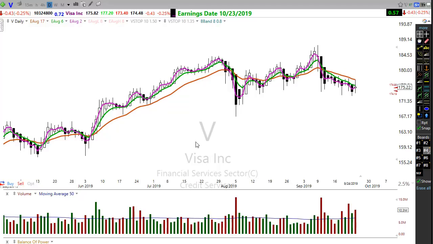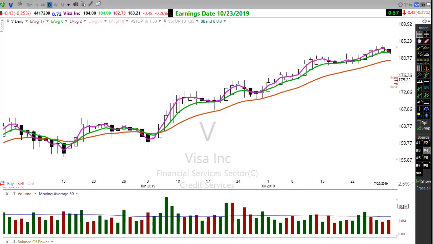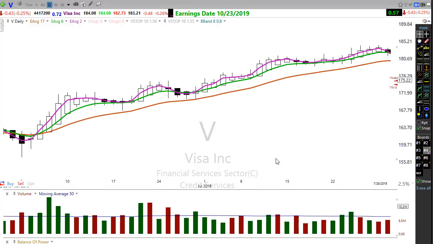So let's think about this position. If we were going to enter, say we're watching this trade back here in Visa, and we see this price action that's showing us this nice little pullback. We're holding in here. We're looking pretty good. And we want to find an entry into this trade. So as this is forming and it's holding up, what I want to do is place a price alert in here.